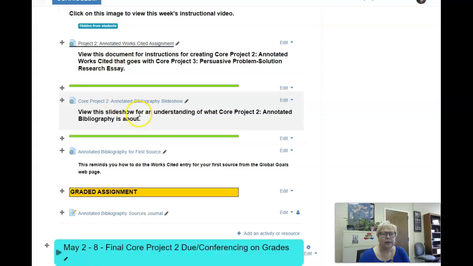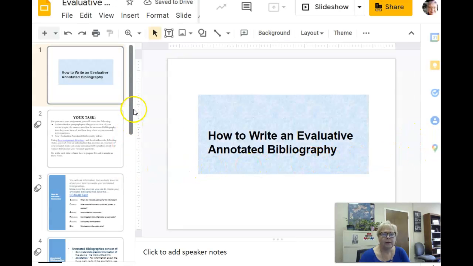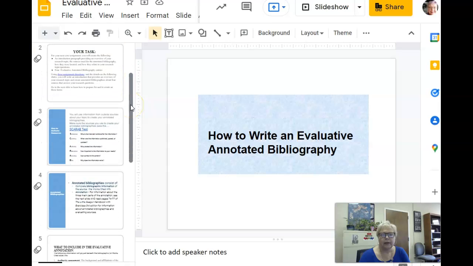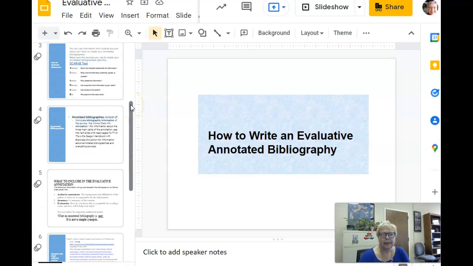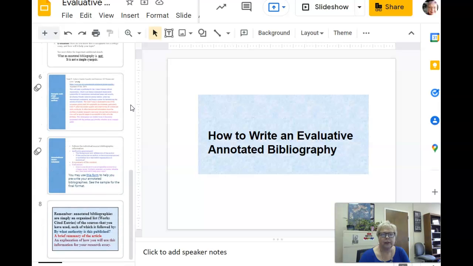Another thing I'd like for you to take a look at this week is this annotated bibliography slideshow. I'm not going to go through it with you now, but it is quite detailed for you to look at, and it tells you what to do and how to do it and why we're doing it.